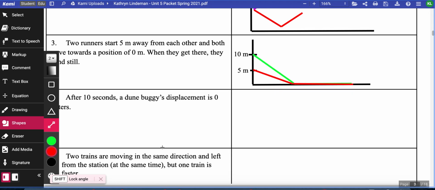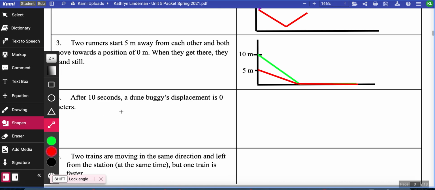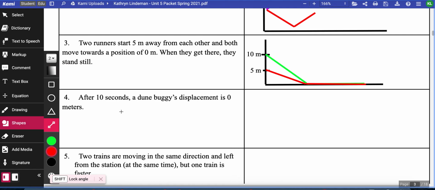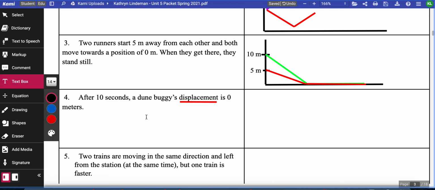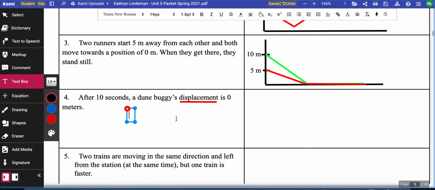All right, for the next one. After 10 seconds, a dune buggy's displacement is 0 meters. So your displacement. This is a word that we haven't actually talked about yet.